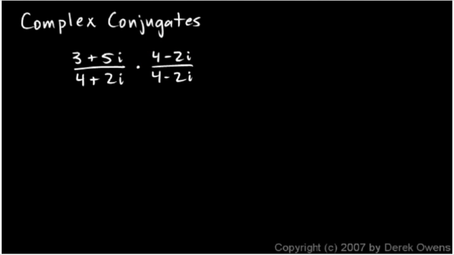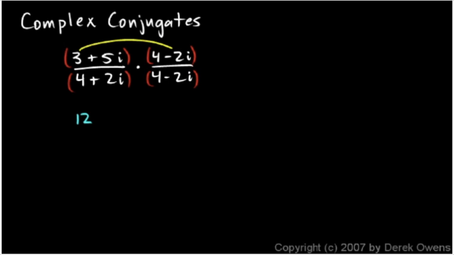But by using the complex conjugate of the denominator, I'm going to cause all the imaginary parts to cancel out of the denominator. So we're going to be doing a FOIL here. So I'll put parentheses here to remind me that I'm multiplying these binomials. We'll do the top first: first, outer, inner, last. 3 times 4 gives me 12.